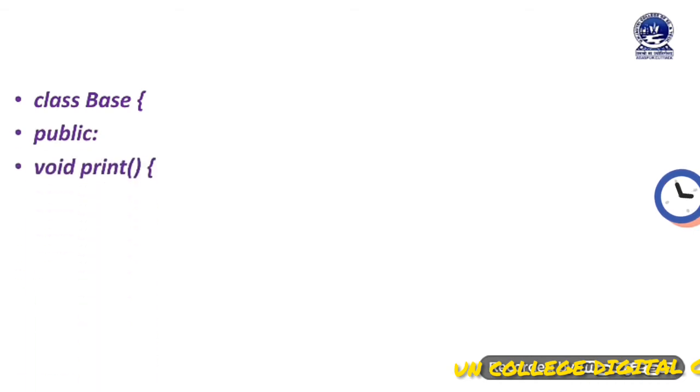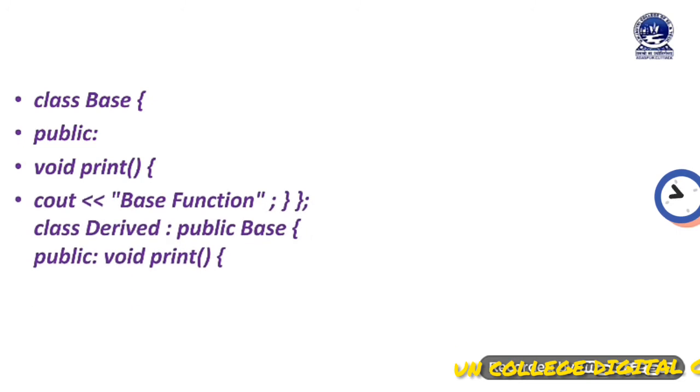Now I am going to give another example of overriding so that you will have a very clear concept of this. Class base: in the public part I have used void print, and inside the print method I have displayed a very simple statement, base function. You can add more statements, no problem.